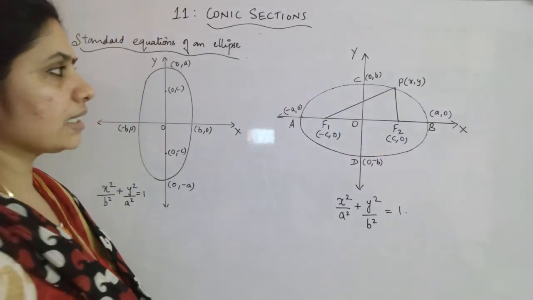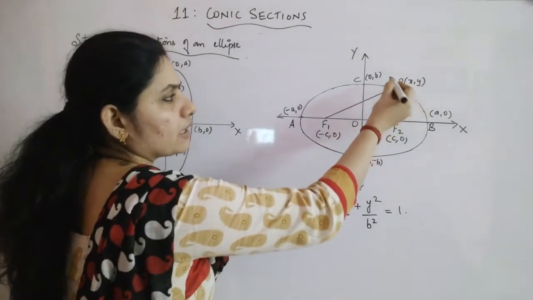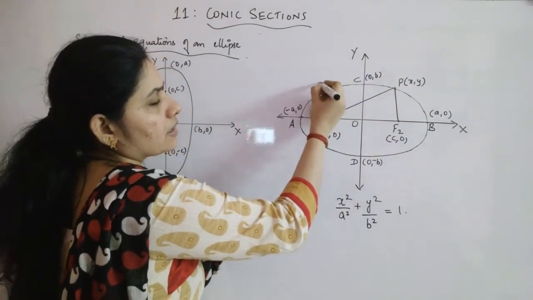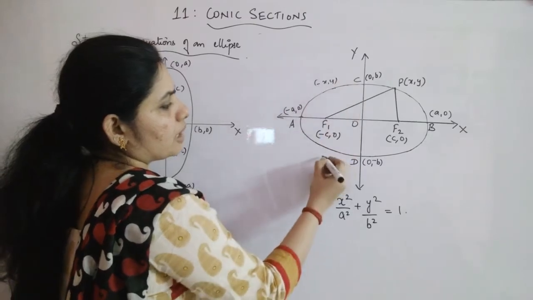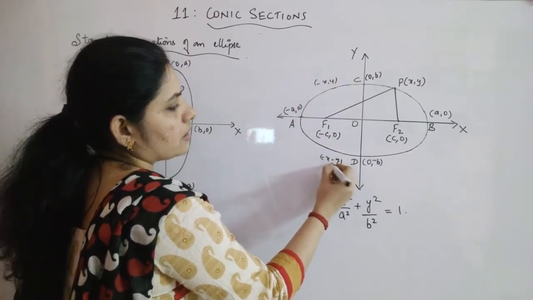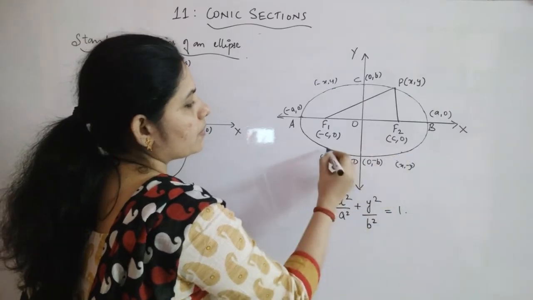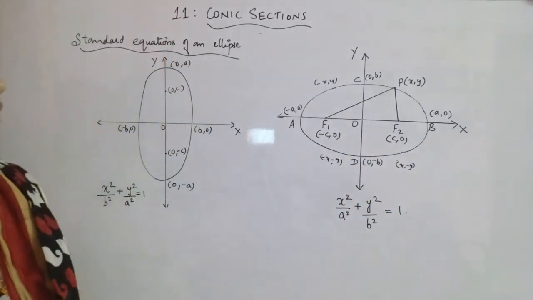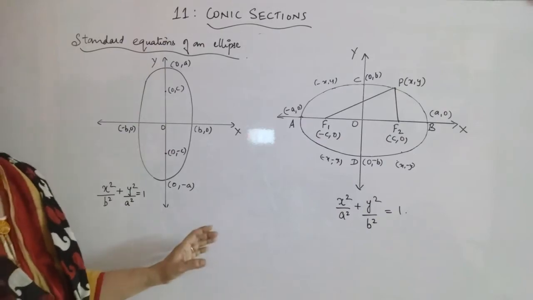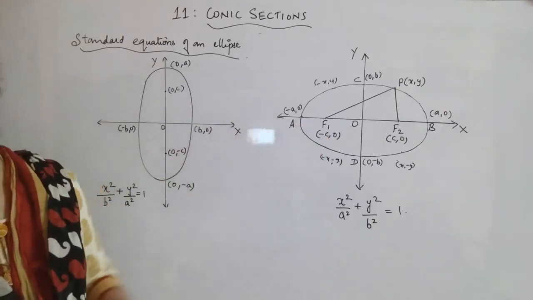Now why are we saying that? Because if you take x comma y, a point on the ellipse, then minus x comma y, minus x comma minus y, and x comma minus y will all be points on the ellipse itself. So we can say that the ellipse is symmetric with respect to the coordinate axes.